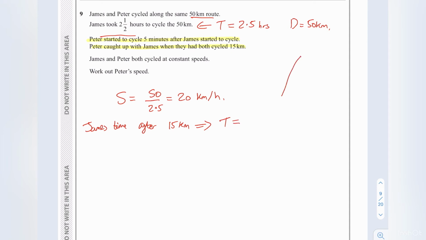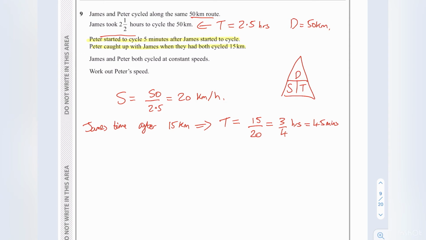To work out our time, using our speed, distance, time triangle, it must be the distance divided by the speed. 15 over 20 is the same as 3/4. So he took 45 minutes. 3/4 of an hour is exactly the same as 45 minutes.